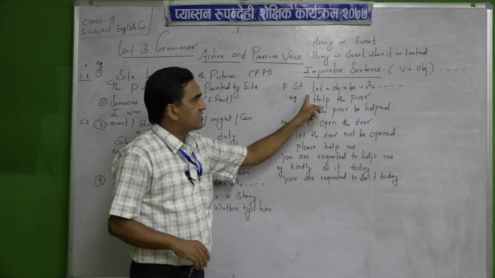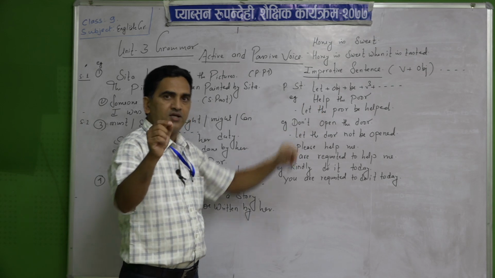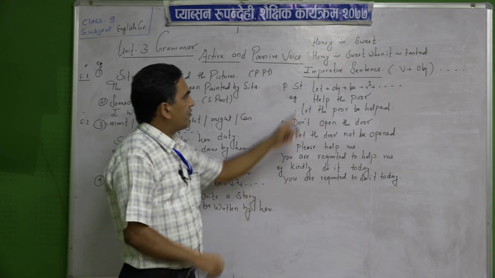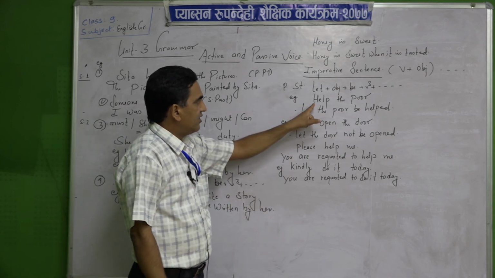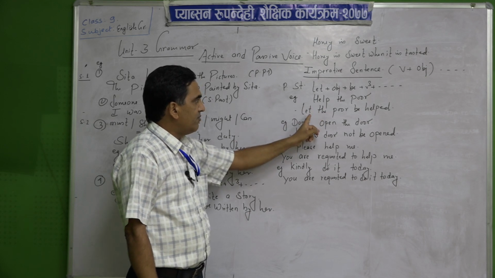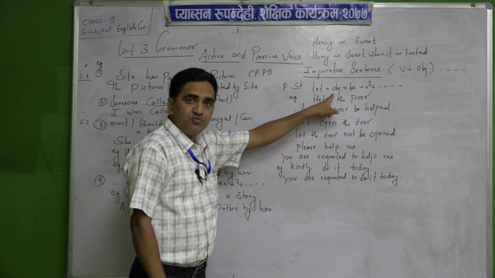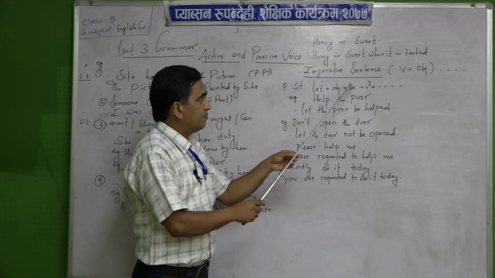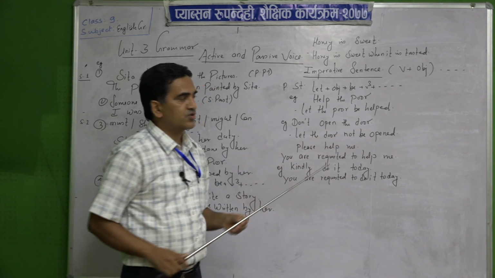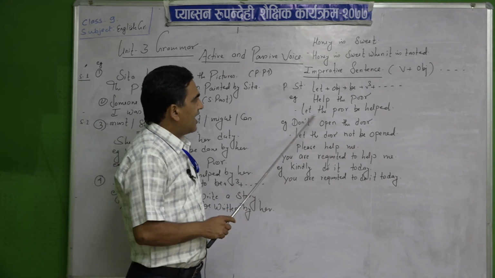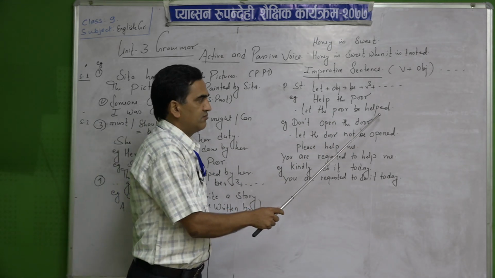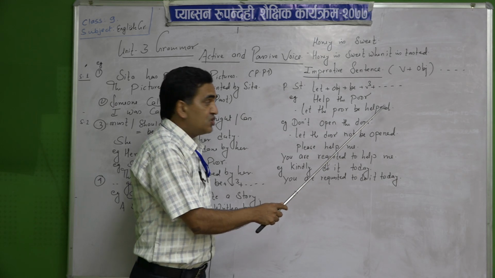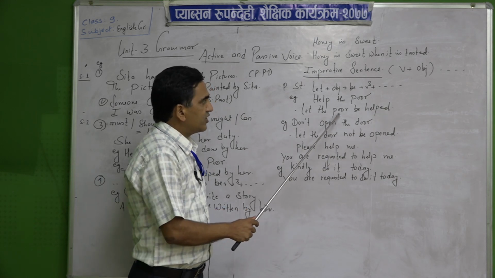So when you change an imperative sentence into passive, just like here, you have to start from let, let plus object, then be plus B3 and the remaining words. So let the poor be helped. The main verb should be changed into B3. Poor is the object.